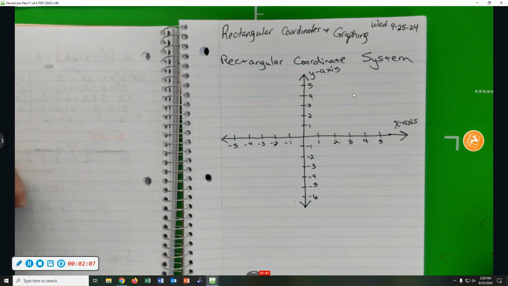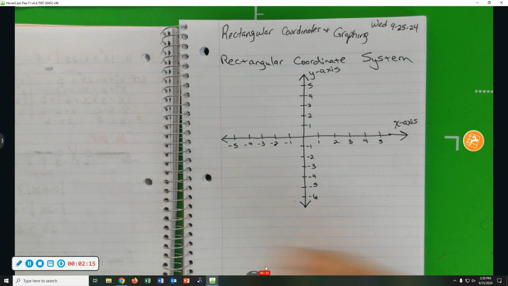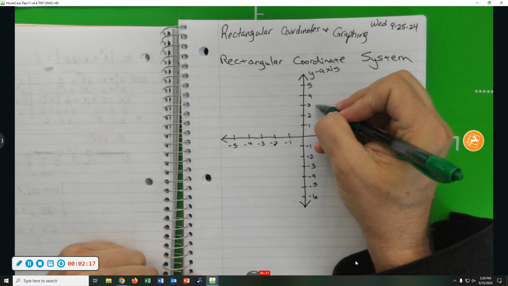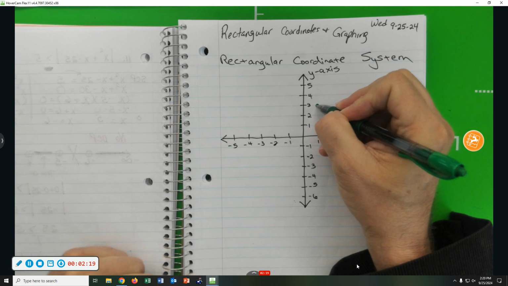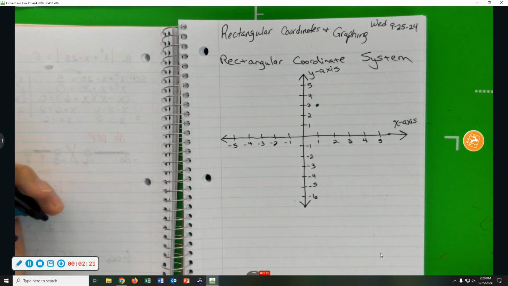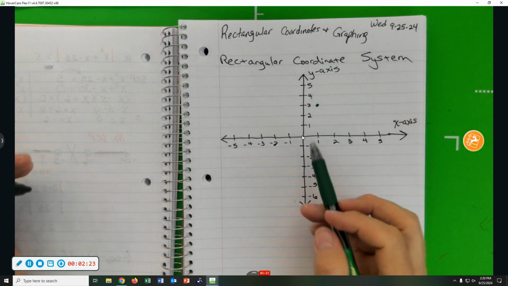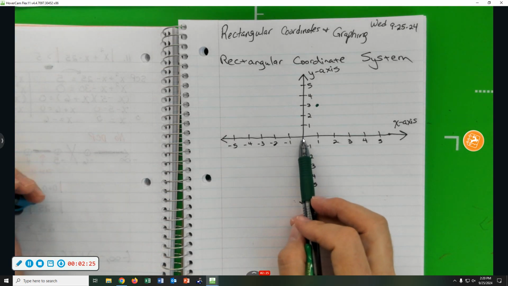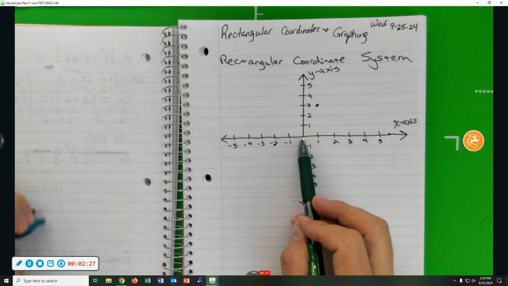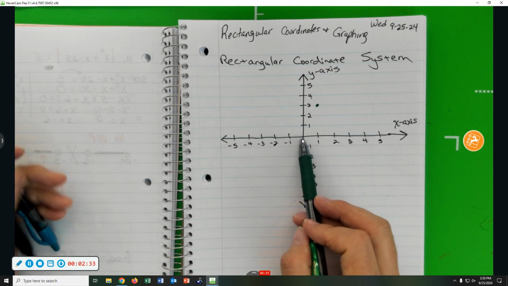We can refer to any spot on this XY grid using something called an ordered pair. For example, this spot right here, we have that little dot. Your movement always starts at this point of intersection. This point of intersection, where 0 occurs, is frequently called the origin, because this is where your movement originates.